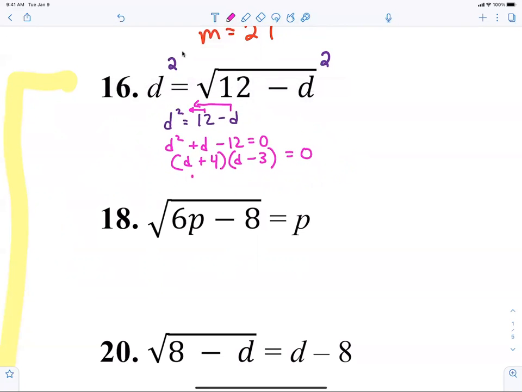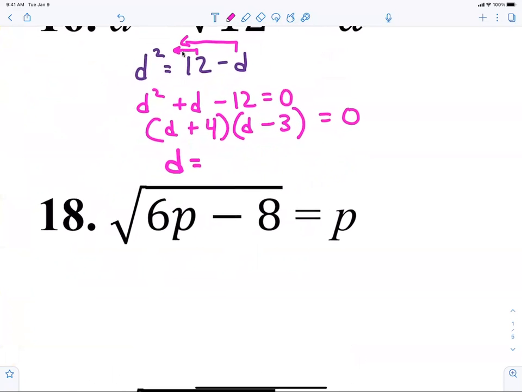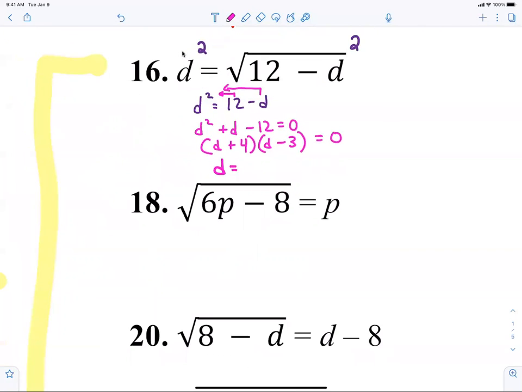So d equals what? Come on, d would equal -4, or d could equal 3. Does everybody see that? Anybody have any issues with that?